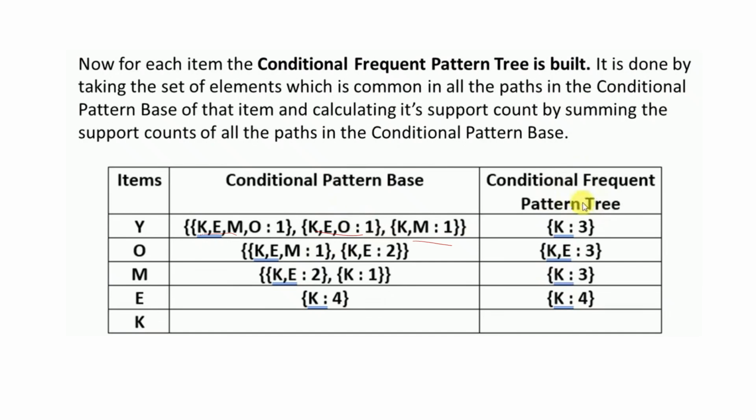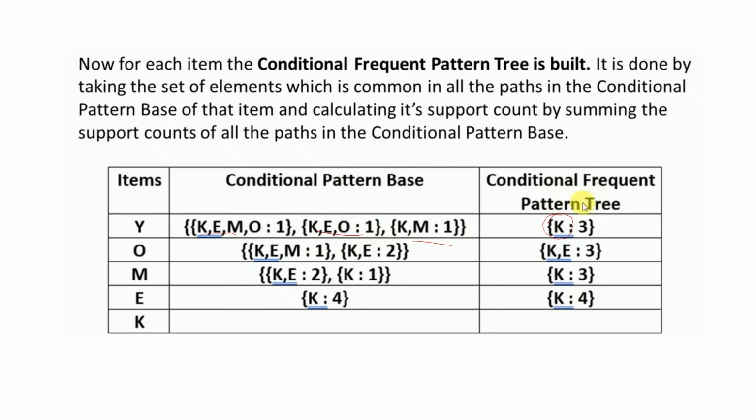K is present, K is present, K is present. E is present, E is present, and here E is not present. If we take M, M is present in the third set but not in the second set. So the item must appear in all sets. The common item must be written in the conditional frequent pattern. So only K appears in all sets, so we have written K.